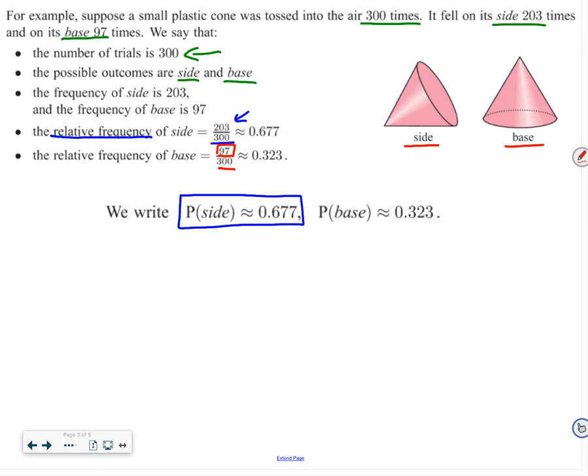We write P of base, the outcome we were finding the probability for, and we get approximately 0.323. Remember, experimental probabilities can vary from time to time, but if we conduct this experiment over and over, the more times we do it, the more accurate our relative frequency is going to be.